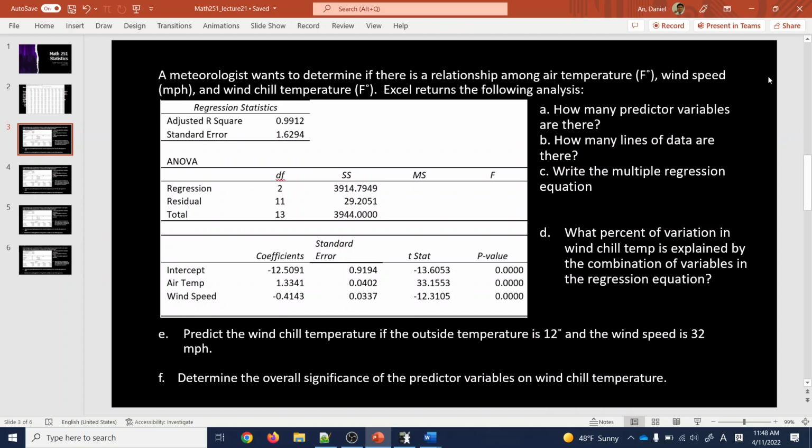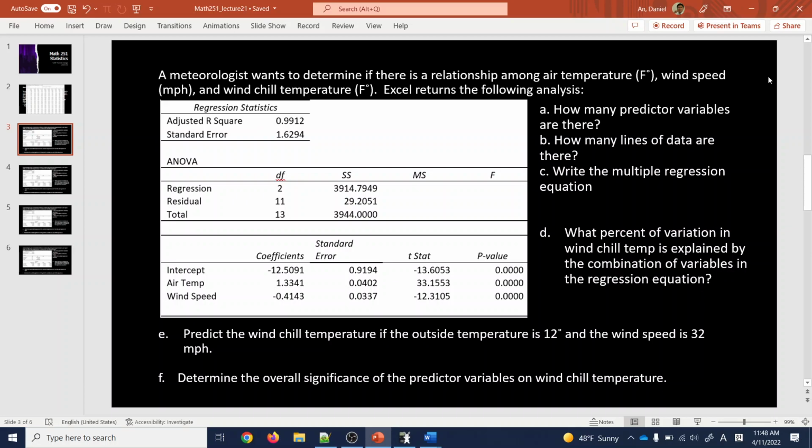Yes, so you're trying to come up with a multiple linear equation to predict the air temperature, right? By using what? Wind speed and wind chill temperature. Those two things, okay?